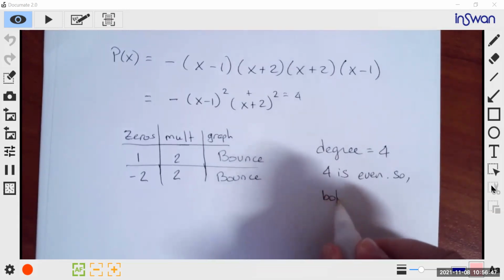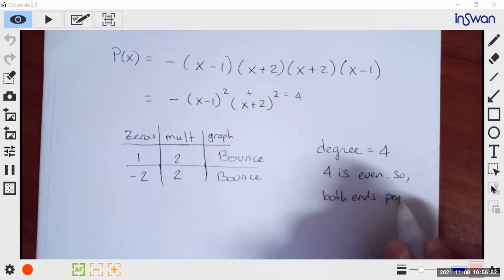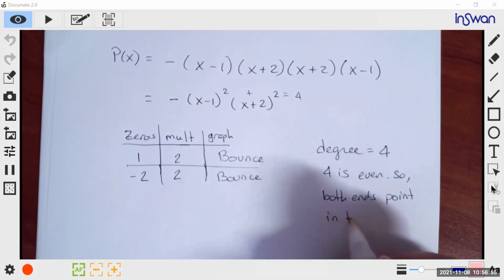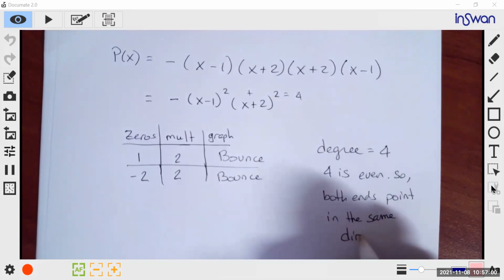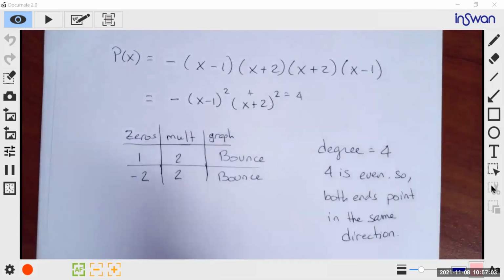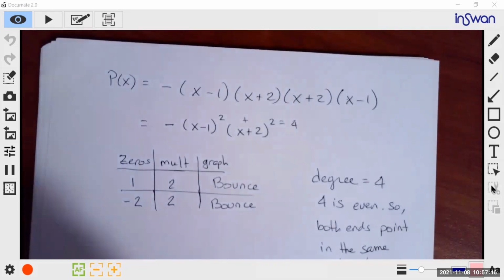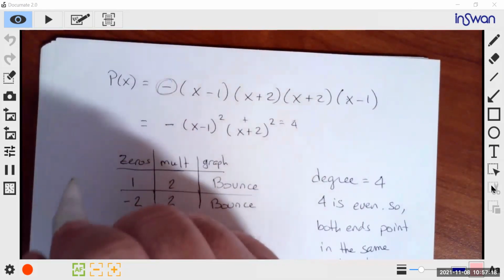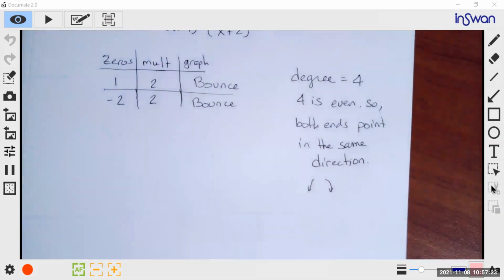Right. Since 4 is even, both ends point in the same direction. Do they point up or down? Why? Right. Because the leading coefficient is negative, our graph looks like this.